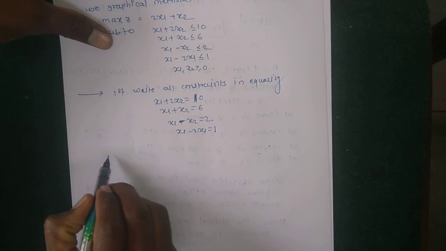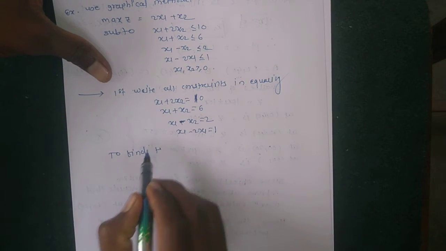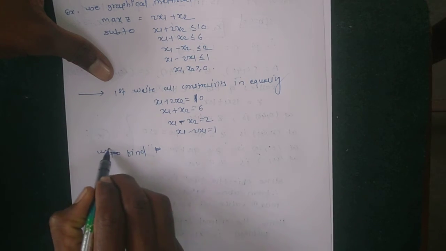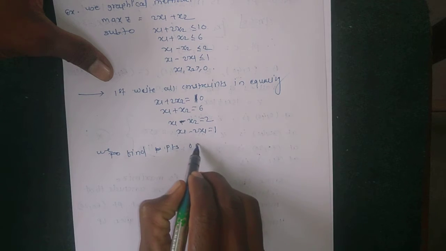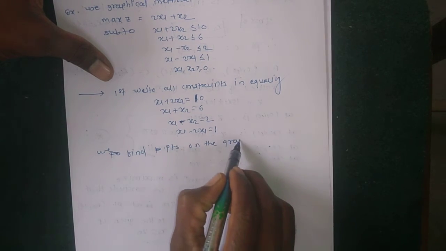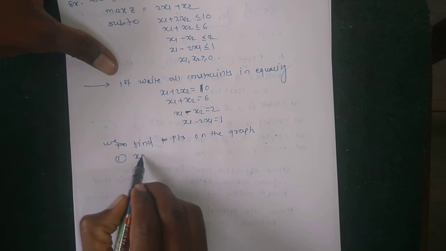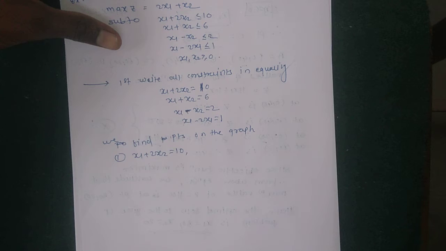Okay, so to find points, we find points on the graph. Okay, how to find the points on graph? First one is x1 plus 2x2 is equal to 10.